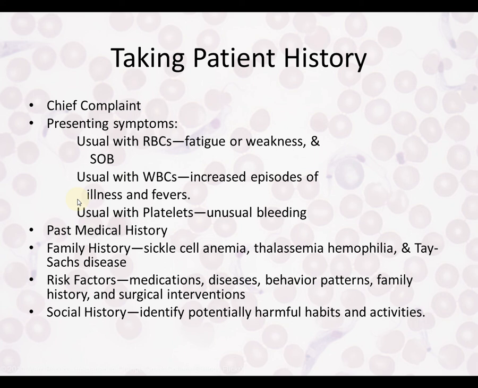You want to know, do they live alone? Do they live with others? If they live with others, who are they? You need detailed information to determine, and maybe you can identify some risk factors that the patient is more prone to hematologic disorders and complications from those risk factors.